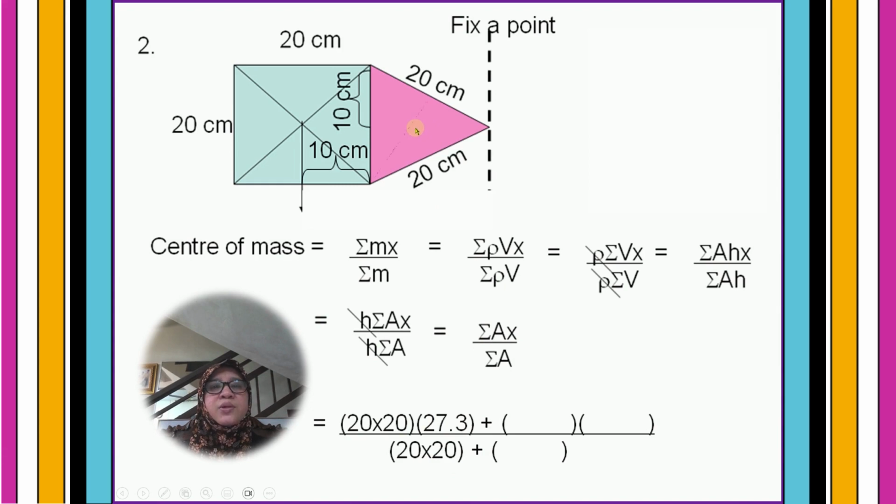For the equilateral triangle, to find the center of mass, we draw a line from the vertex to the side where it divides the side equally. Then we draw another one from another vertex to the opposite side, dividing that length equally.